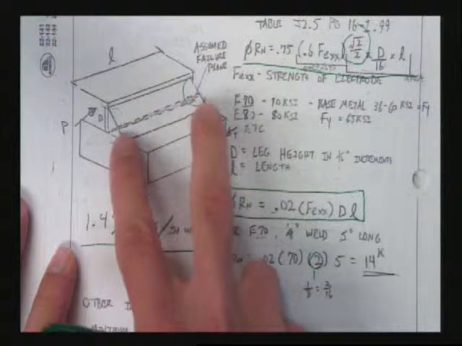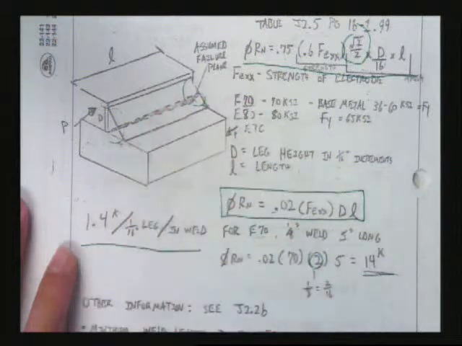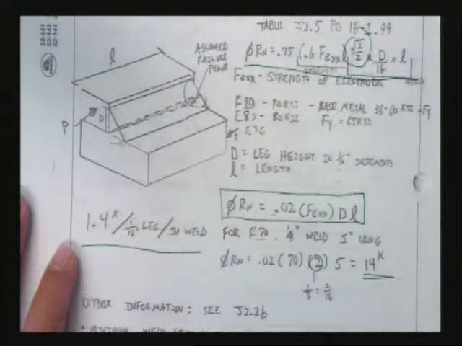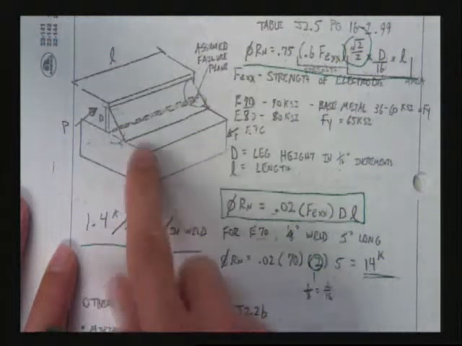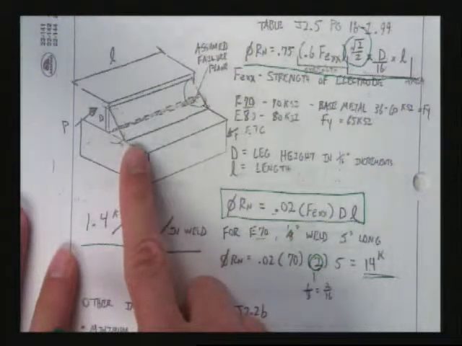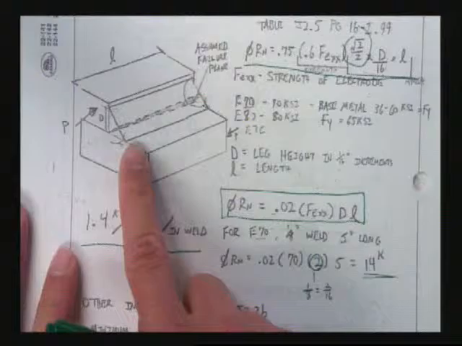It may overload, but then this will pick up the extra load and pick up the extra load, and it won't fail until everything is at its limit. Does that make sense? That's the concept. Welds are brittle material. There's a huge safety factor built into welds. Massive safety factor. Same thing with bolts.